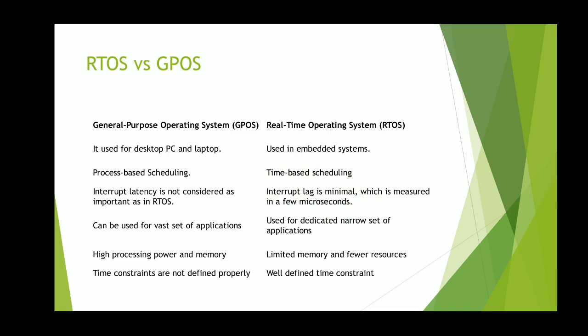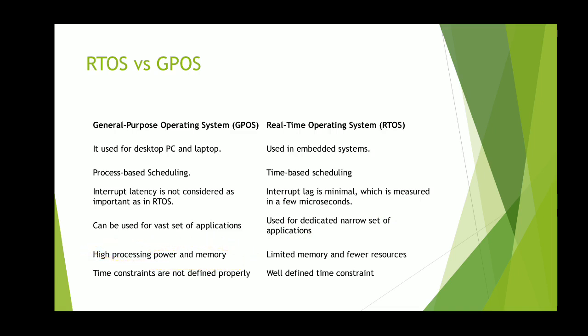And the general purpose operating system can be used for a vast set of applications. So a lot of applications can be run on this general purpose operating system. But the real-time operating system is dedicated to a narrow set of applications. The general purpose operating system also has higher memory and processing power.